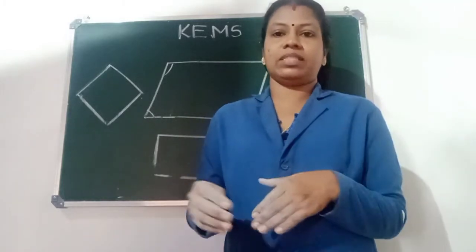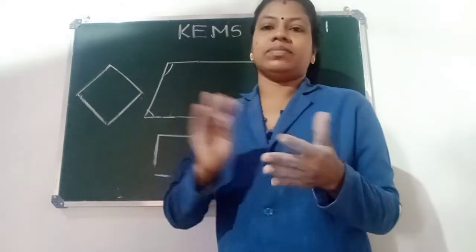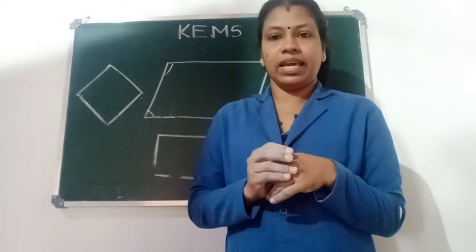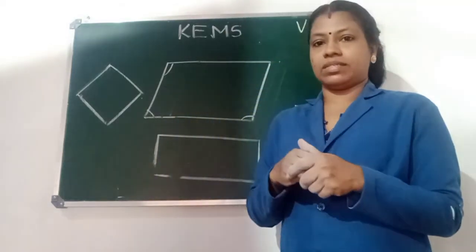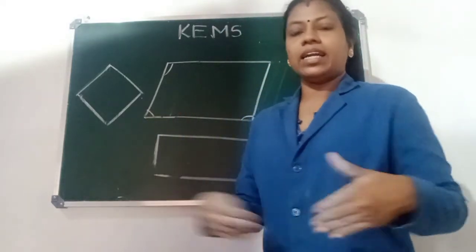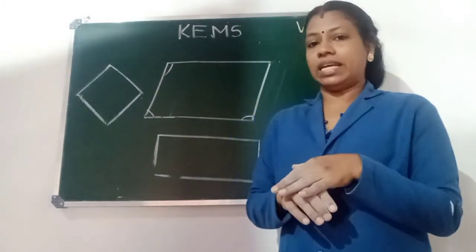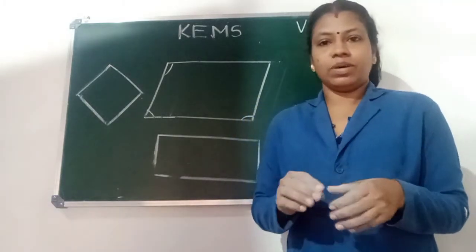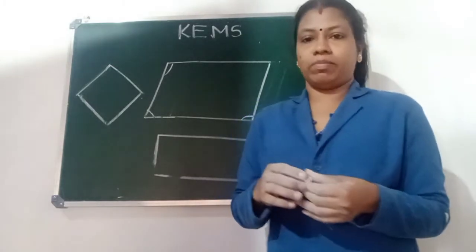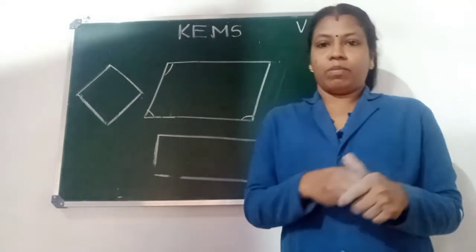Then the last one, about a rhombus: the diagonals of a rhombus are perpendicular to each other and bisect one another. These are some important properties that we can use to solve problems.